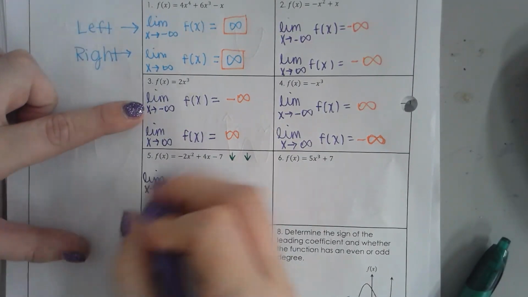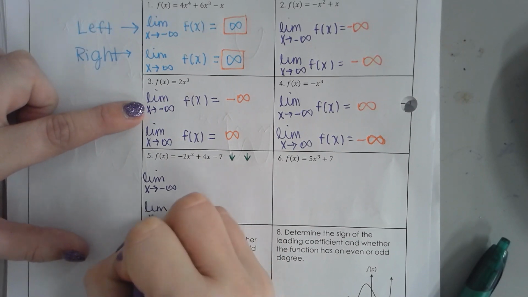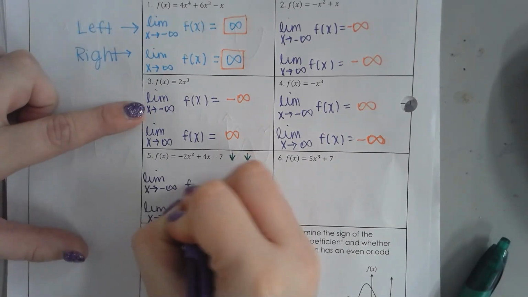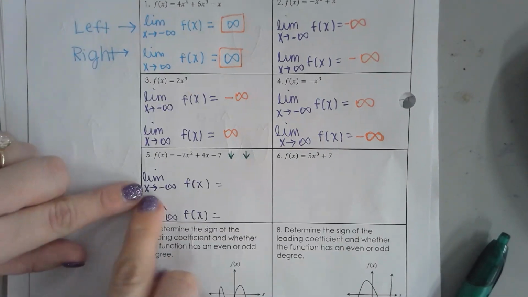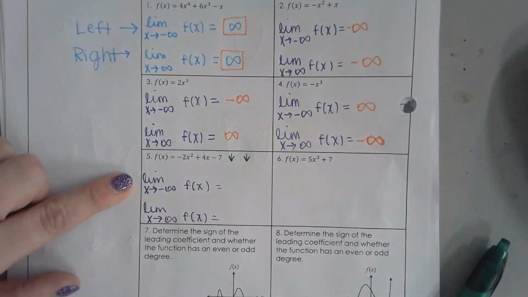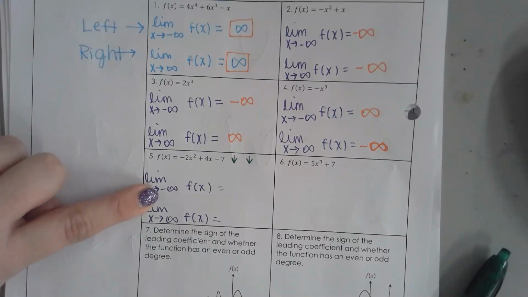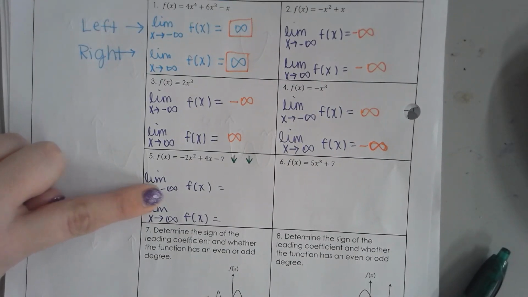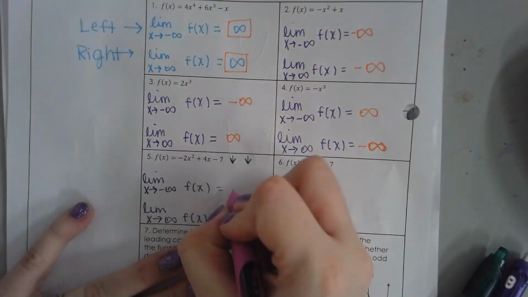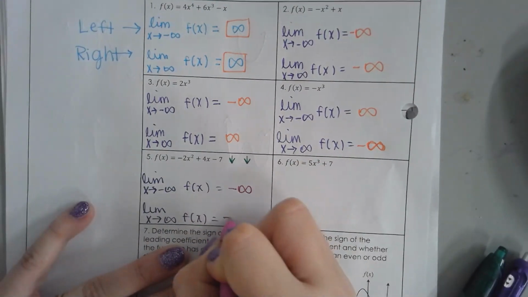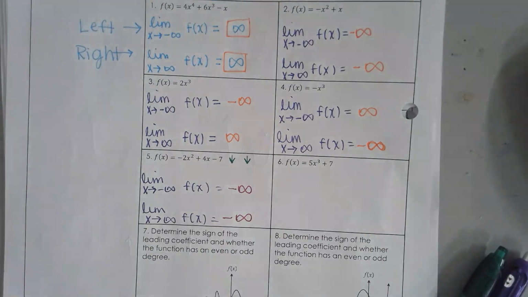This part doesn't change. You're going to have that on all of these questions. So as x approaches negative infinity, that's the left, the y value goes down to negative infinity, and on the right side it goes down.